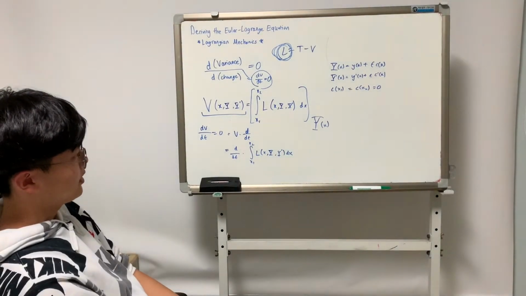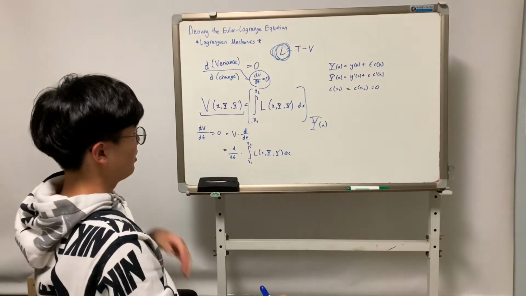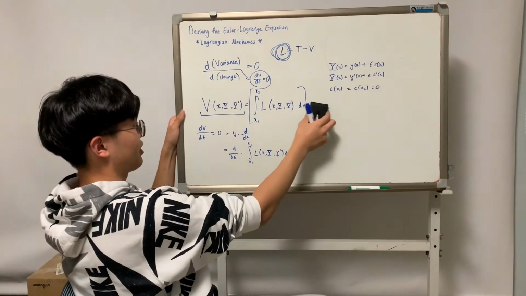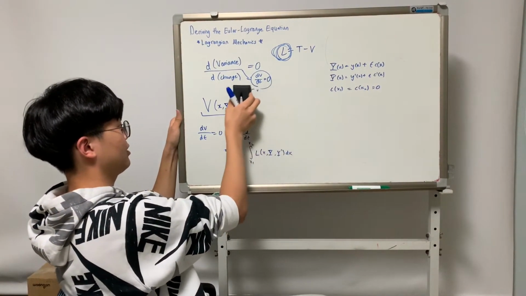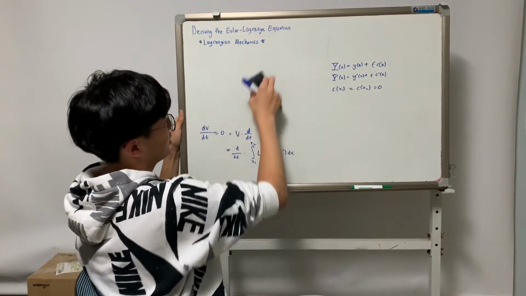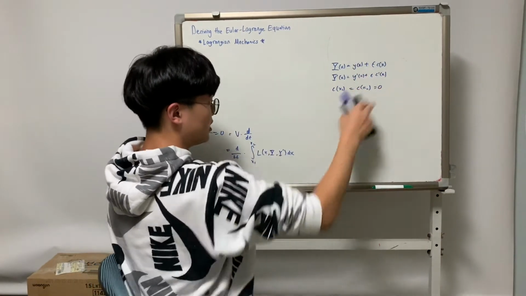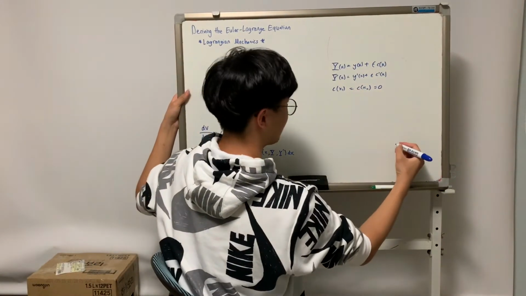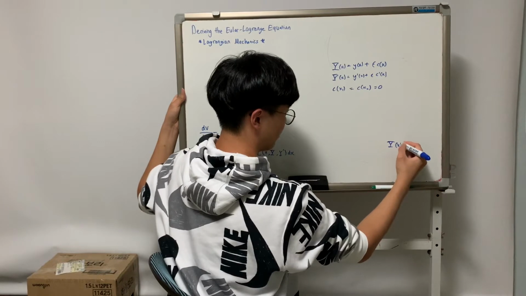What could we say that is equal to? Before you do that, I'm just going to erase this part because I'm running out of space. Okay, and these I'm just going to transfer them down here because they're going to be important in the future.